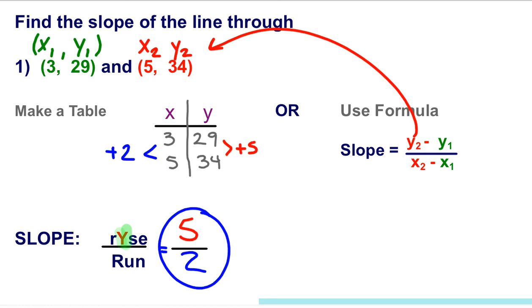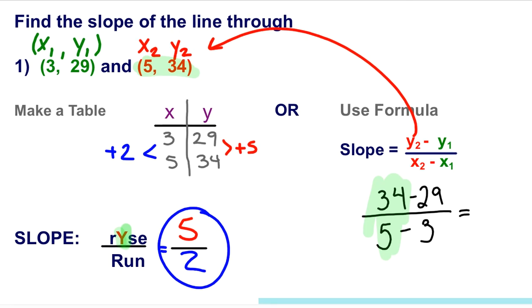So y2, I take y minus y. So 34 minus 29 over x minus x. And then notice that this point, 5 and 34, those are both my first values. I started with them both times, which is important.